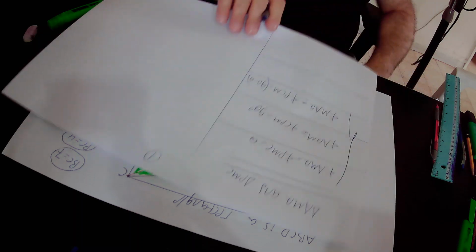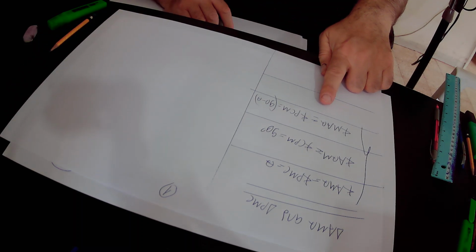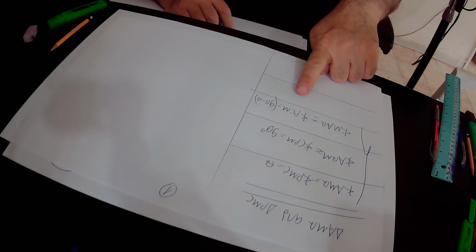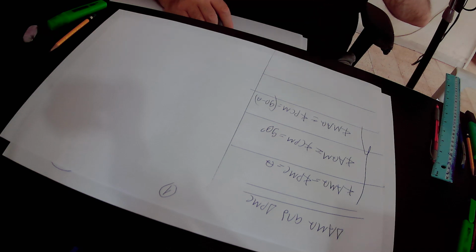Repeat again, angle MAQ in the right triangle AMQ equals angle PCM in the right triangle PMC. They are both equal to 90 degrees minus theta, therefore they are equal to each other.